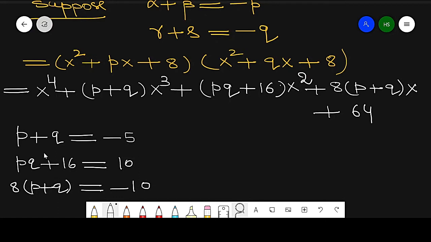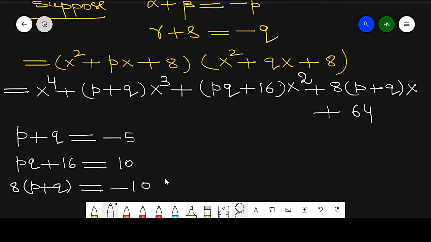So first is p plus q equal to -5, next is pq plus 2k, that is 16, and third is k times p plus q. This is our equation.